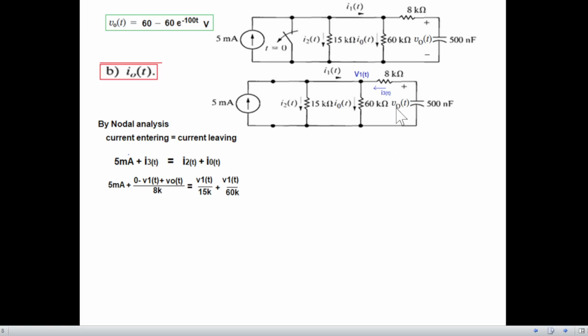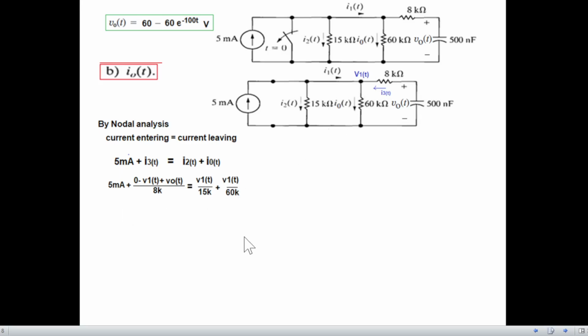Now this voltage is contributing current in the same direction as I3(t). Therefore, this voltage V0(t) will be written as positive V0(t). So positive V0(t) in the numerator divided by 8K, and I2(t) is this same point, V1 divided by 15, and I0(t) is V1 divided by 60.